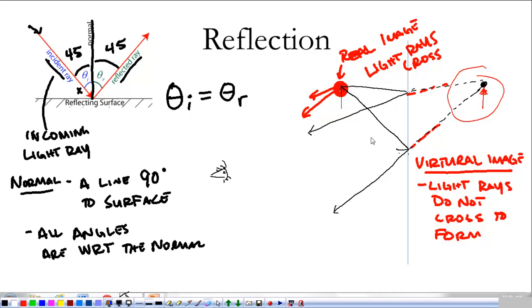Virtual images happen when our eyes trace light back into something. This is a mirror. There's nothing behind it. Our eyes trace the light ray back to it. But that's why we see the exact same image. This law of reflection tells us how the things will be, how they'll look. And that's reflection.